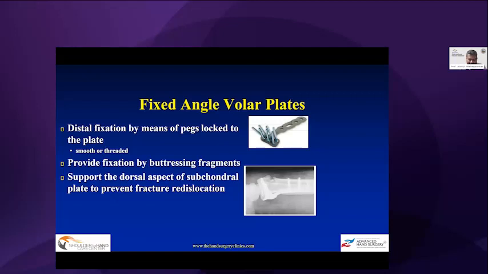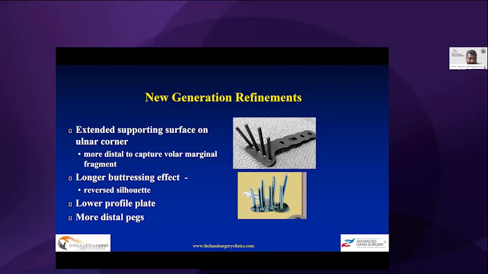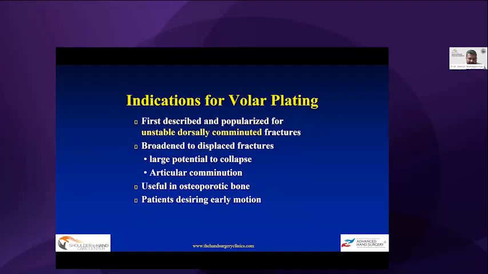There are different types of plates. I won't belabor this too much because I'm sure that every one of you must be very well versed. Every conference you go to, you would find different designs and newer designs coming up. What is extremely important to know is that it is not the plate, but it is the surgeon that is important in getting the reduction and fixing it and maintaining it.